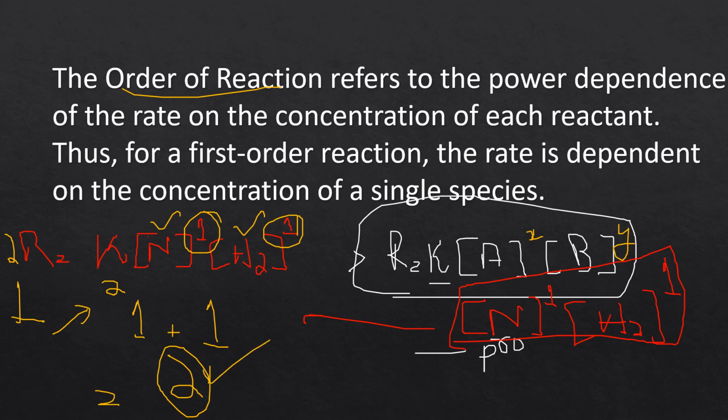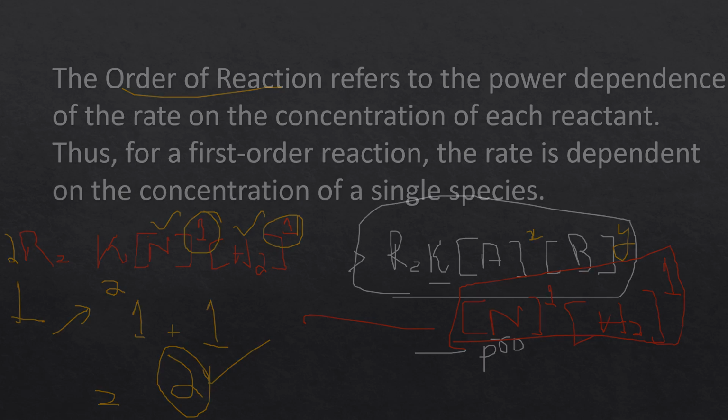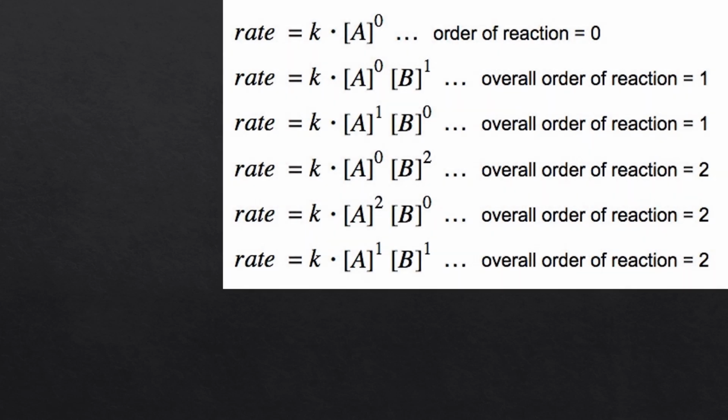Now you will be thinking about what I am talking about with the order. So basically, you can see here there are 2 to 3 types of order. The order starts from the whole number 0, then 1, 2, and so on.